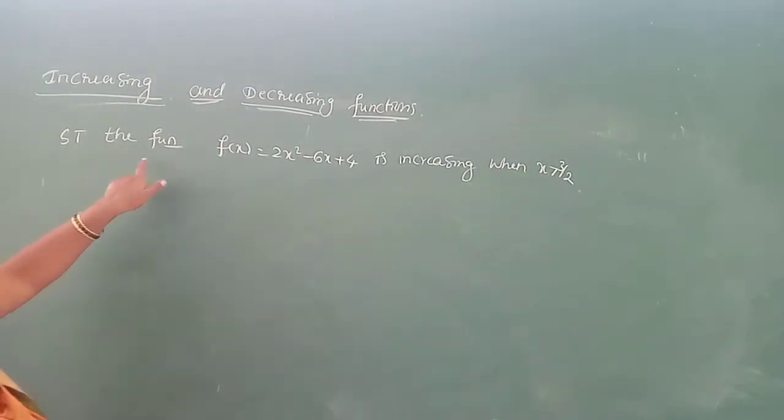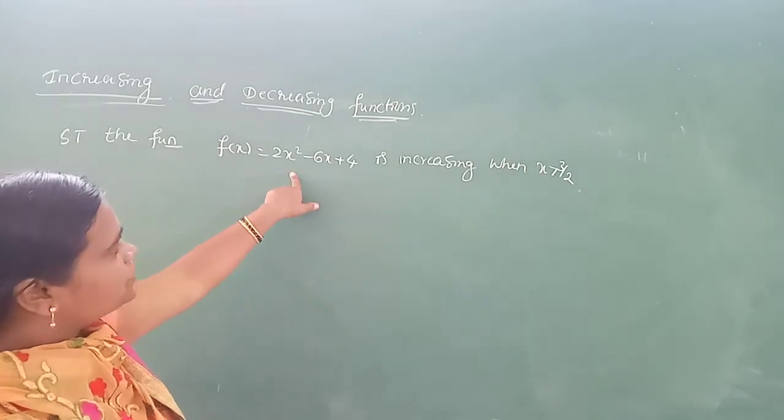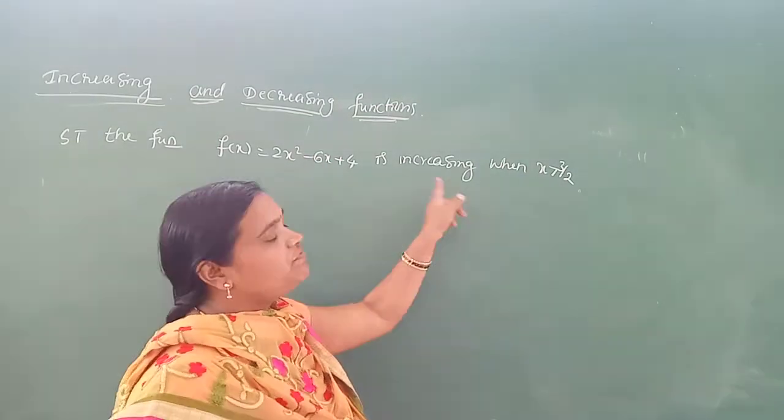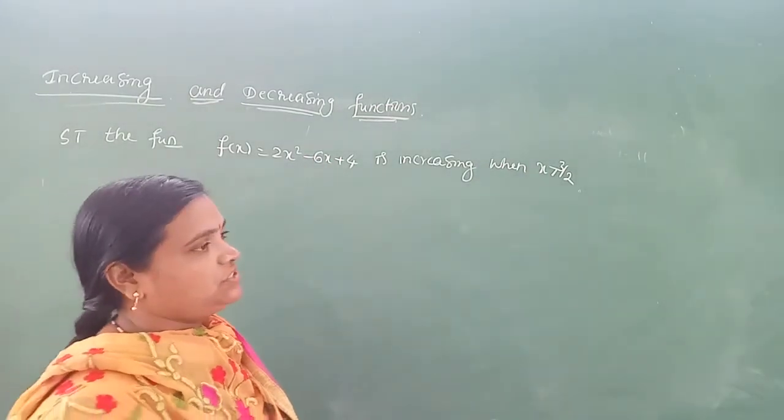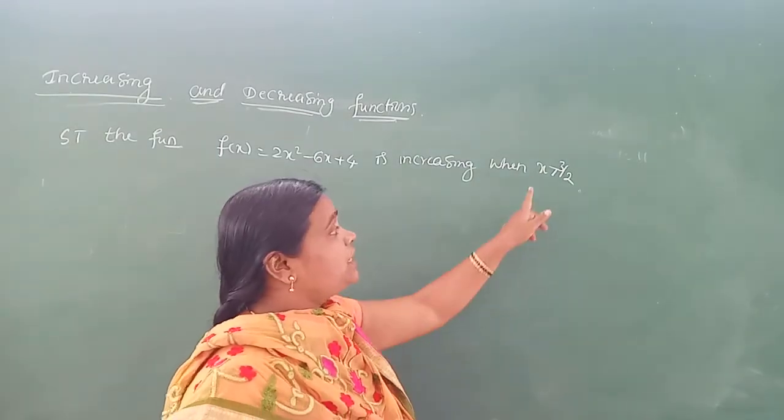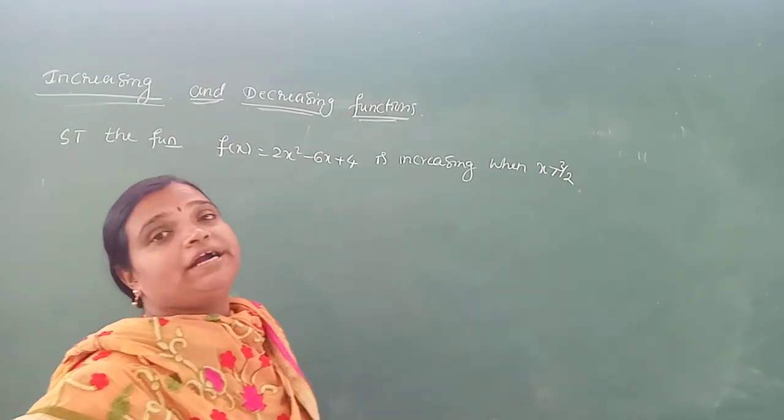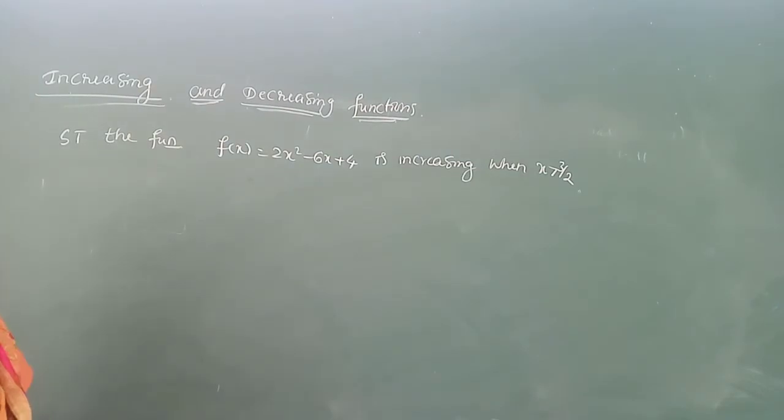This is a 2 marks question. What is mentioned? Show that the function is an increasing function when x is more than 3 by 2. Okay, this is the given example. Just concentrate.